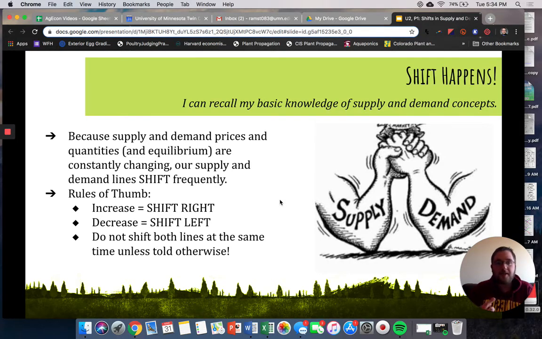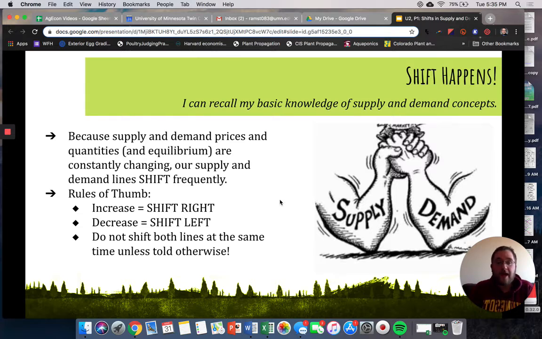We got to hire on people. We got to innovate technologies. We got to produce the natural resources that are needed to actually get that toilet paper from the factory to the store, right? Okay, so it takes time. So we're only initially going to see a change in either supply or demand, and then the other line later on could possibly be adjusted, right? That's kind of how it works.